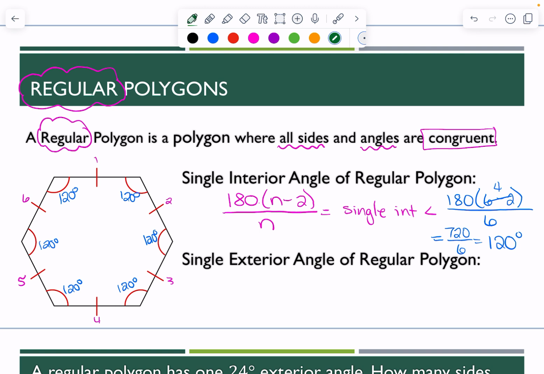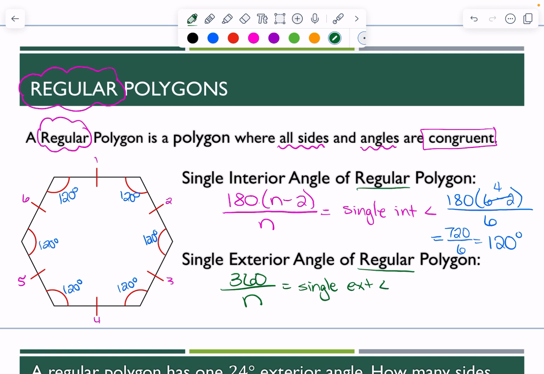Likewise, we have one for the exterior as well. For a single exterior angle of a regular polygon, remember their sum is 360, divided by the total will give us the value of a single exterior angle. It's got to be a regular polygon.